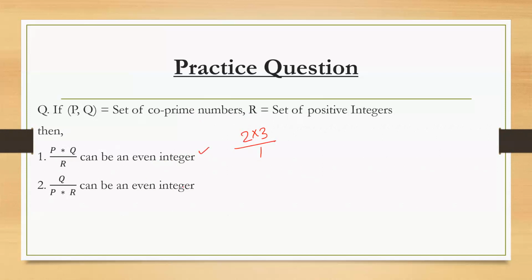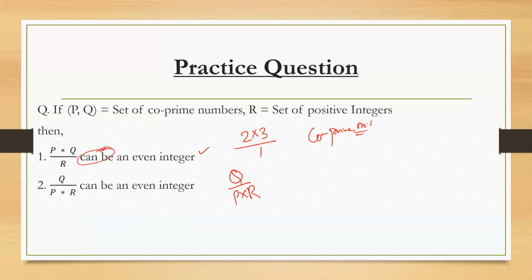Now what about this one? It is saying Q by P into R is an even integer. That means again I have to make somehow this into an even integer, right? Now please note this aspect here. When we talk about co-prime numbers, look Nitish, it is given "can be".